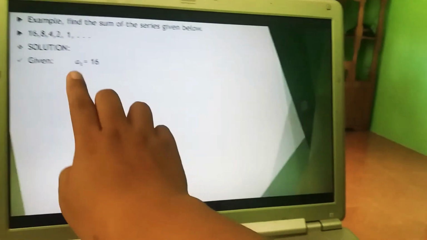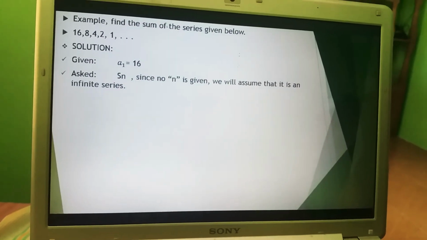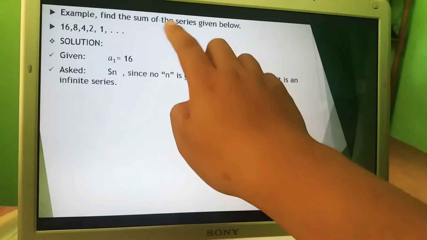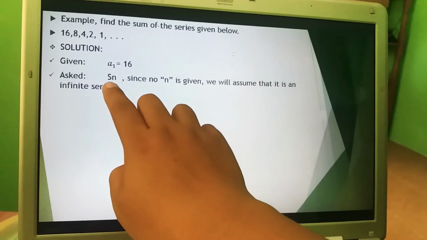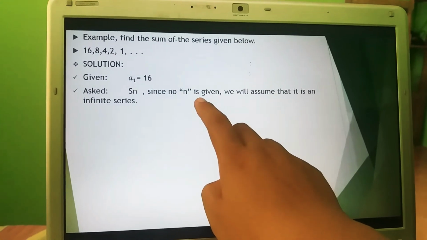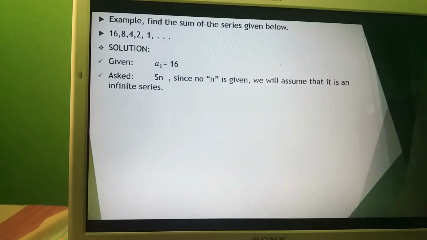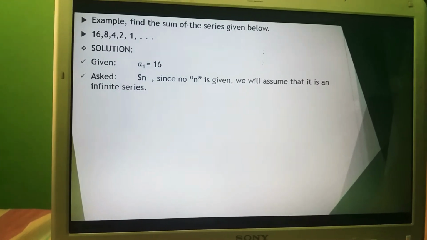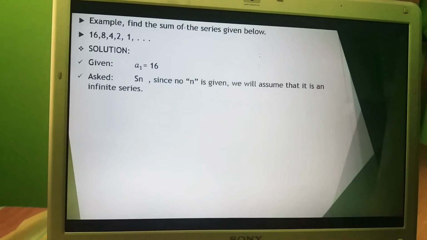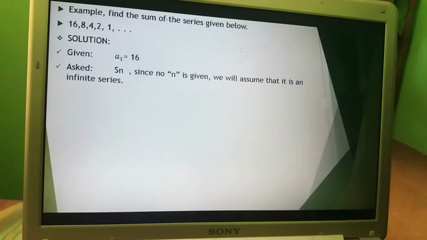So that's the solution. What are the given? So we have a sub 1, which is 16. And what is asked? The sum of the series. So S sub n. Since no n is given, ibig sabihin walang n, hindi natin alam kung ilang number yung kailangan nating hanapin yung sum, ilang number doon sa series.